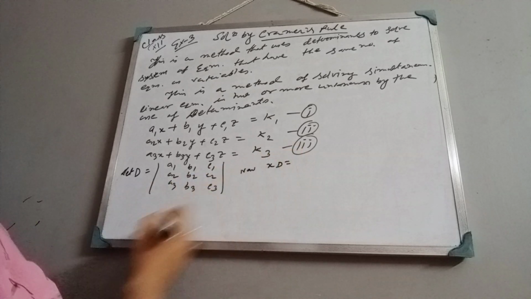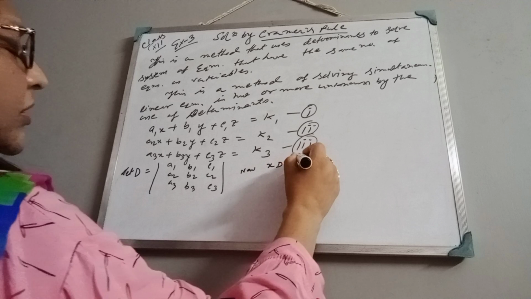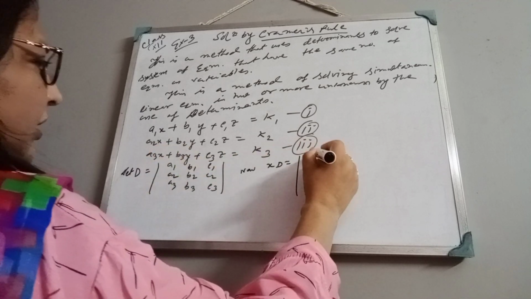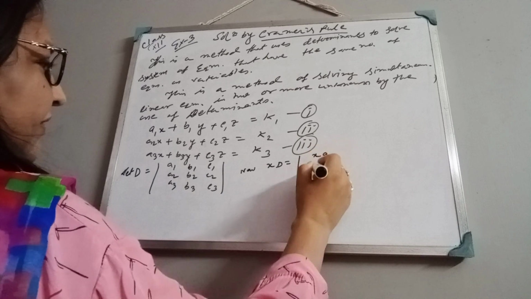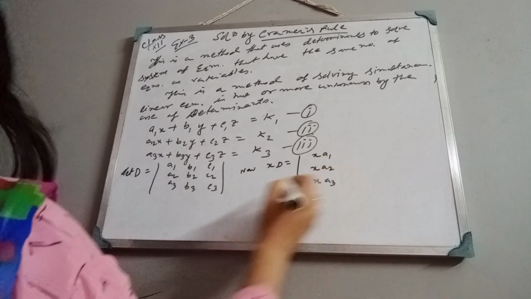Now x into D. X into D means xD. When x is multiplied with the first column, say xa1, xa2, xa3.